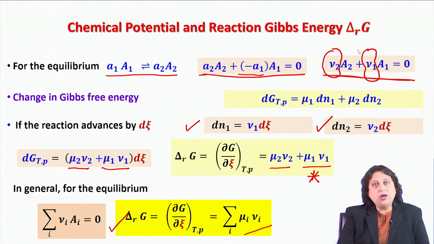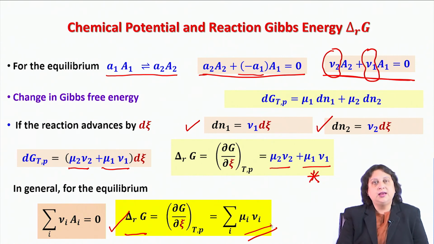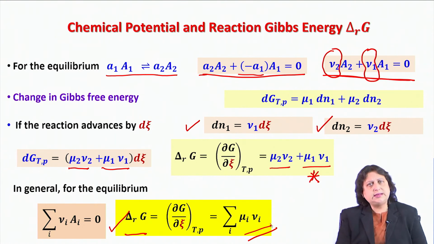And then all you will have to do is write down the reaction Gibbs energy as summation over i, mu i, nu i.